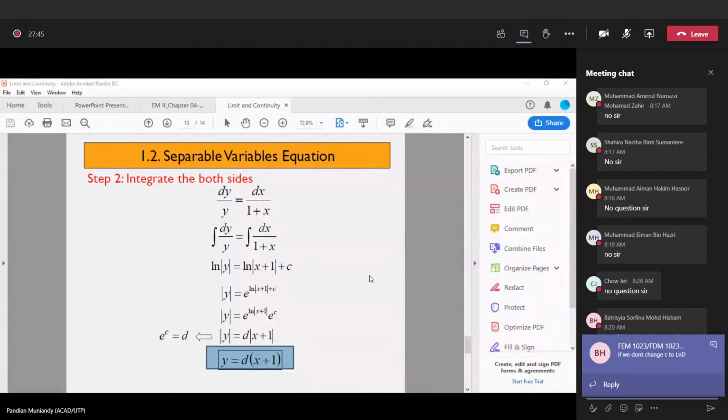If we don't change to ln, yeah, it's up to you. If you don't change, it's okay. Yes, you can try now. Because if you change to ln, it is easy to write.